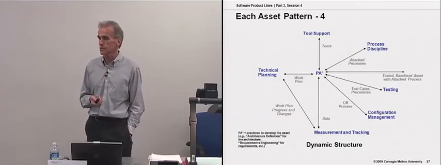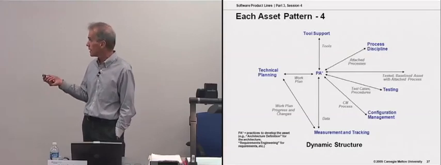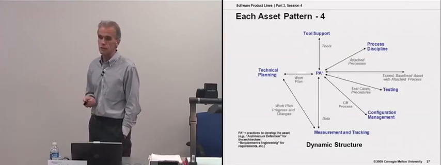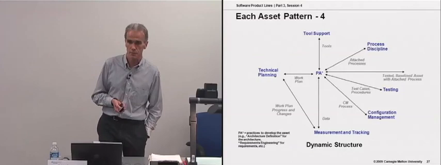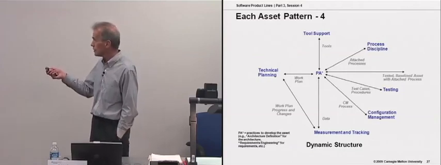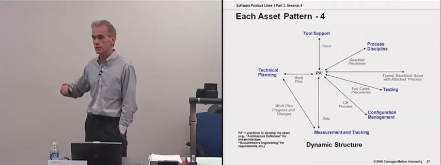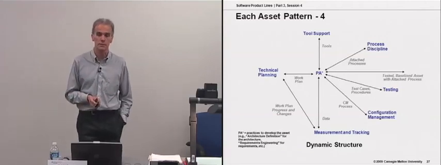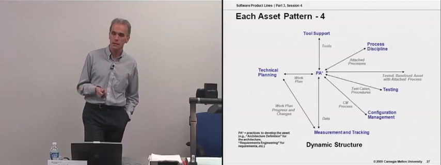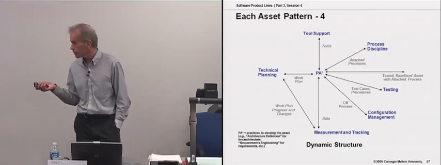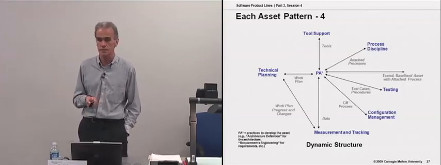So organizations that are starting out in product lines and trying to achieve some level of process discipline might want to focus heavily on the process discipline first, particularly if they're at the equivalent of level 0, before taking on a software product line or before creating any of these reusable assets.